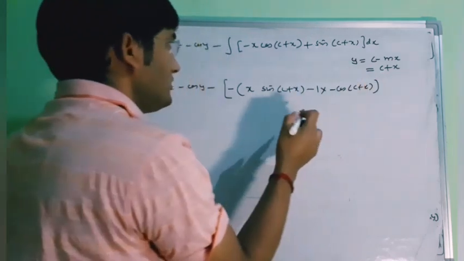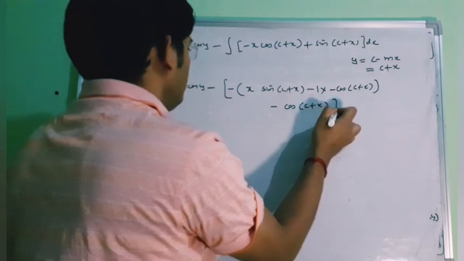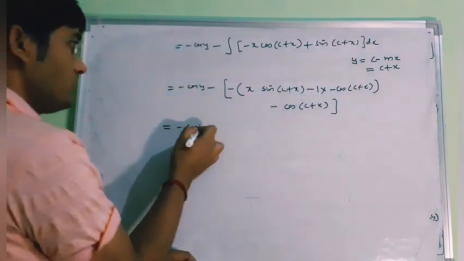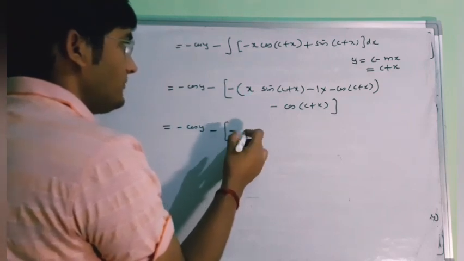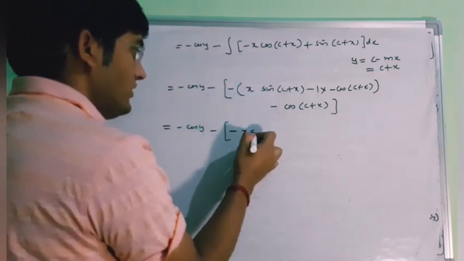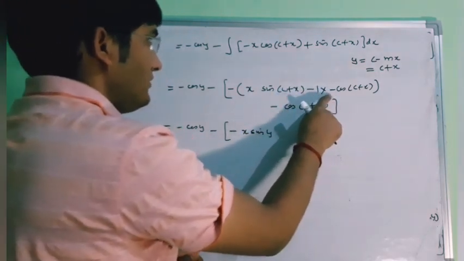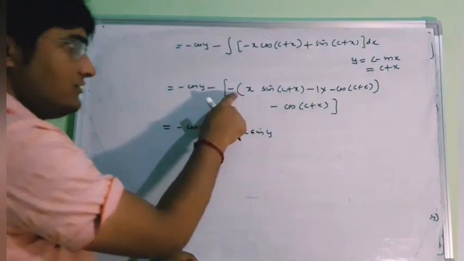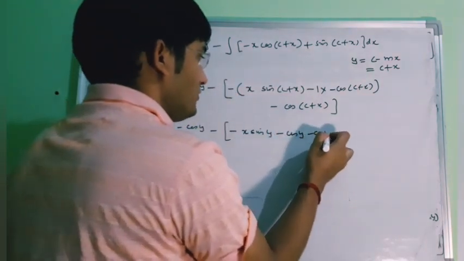So this is the first term, and then integration of sin is minus cos. So this is equal to minus cos y, and here you can say that this is your x into sin y, then here we will have minus minus plus, and here is the minus sign, so this will be your minus cos y, and again here we have minus cos y.